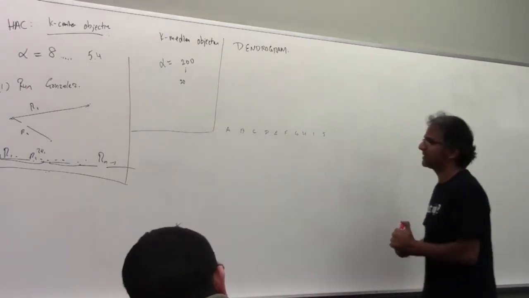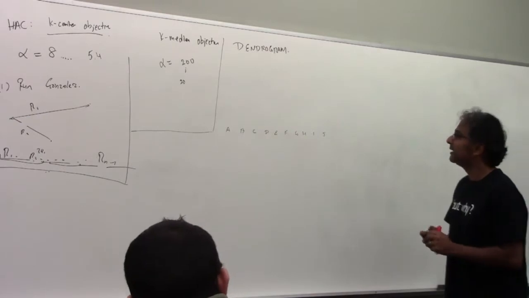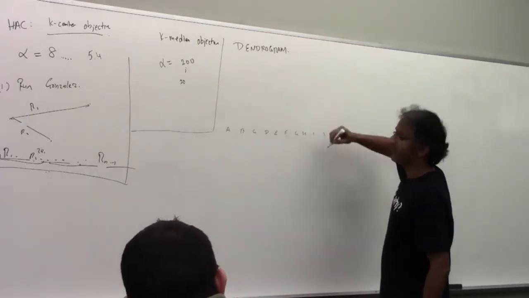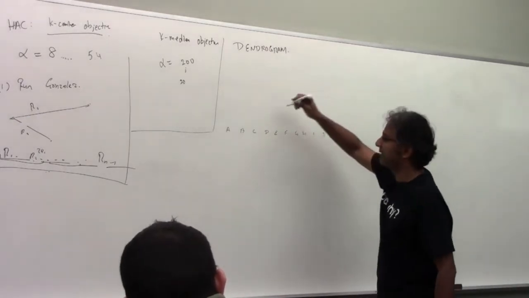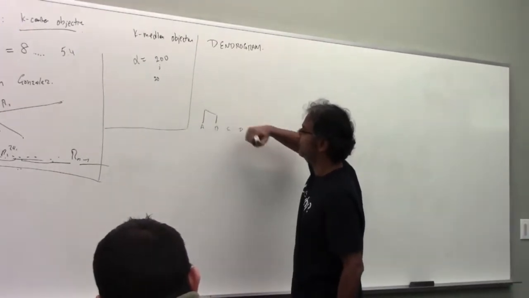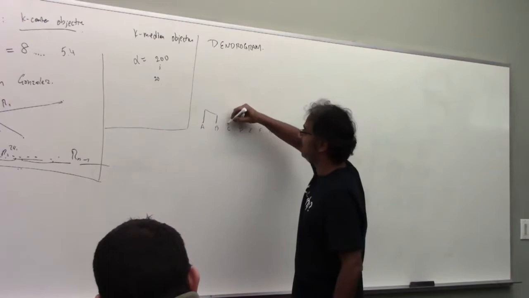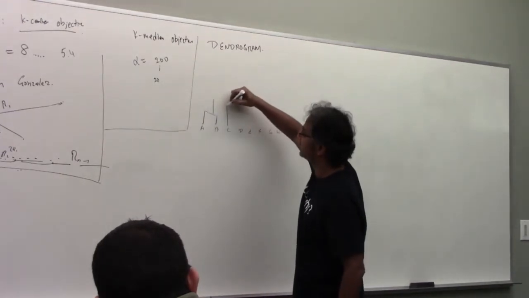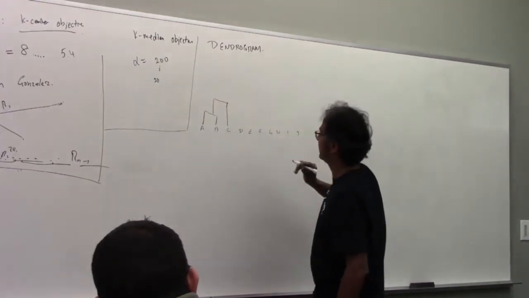What you do with the dendrogram is, instead of just drawing a regular tree, you draw it kind of vertically. So maybe your first two things that merge are A and B. And then maybe C merges with that.